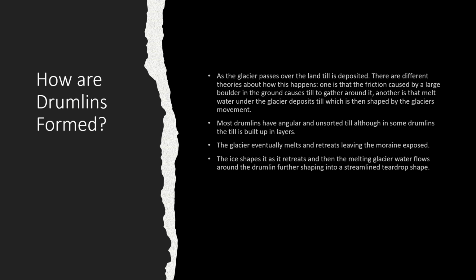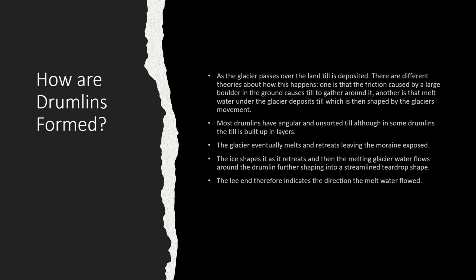Also, as the ice retreats, as the glacier retreats, it will have meltwater, and the meltwater flows around the drumlin, further shaping it into a streamlined teardrop shape.